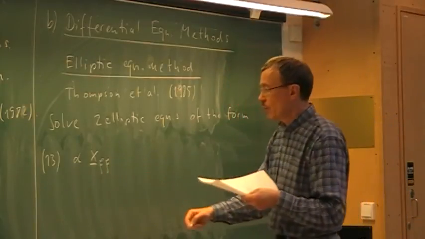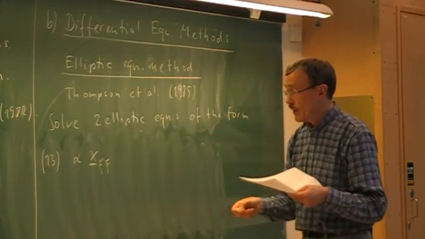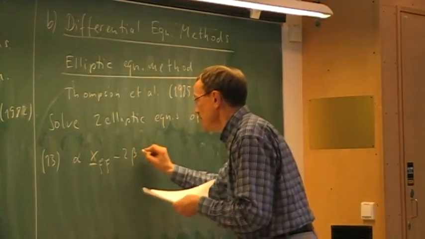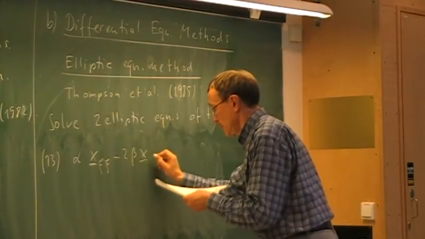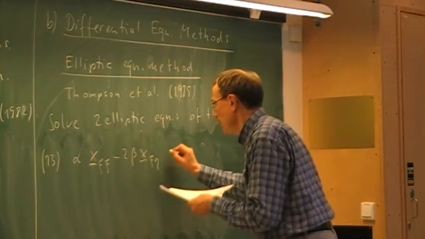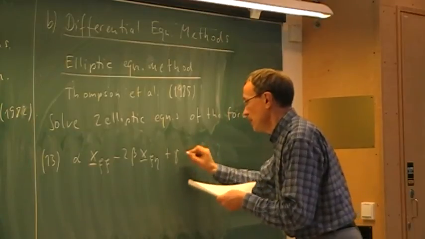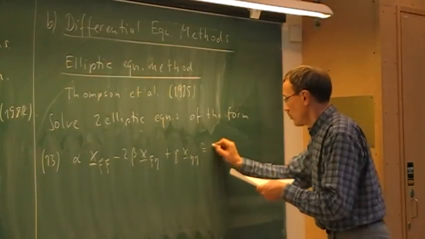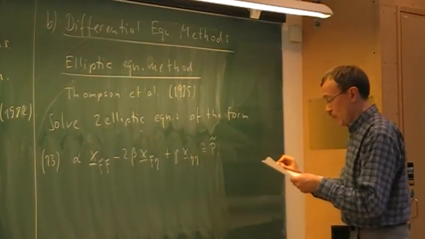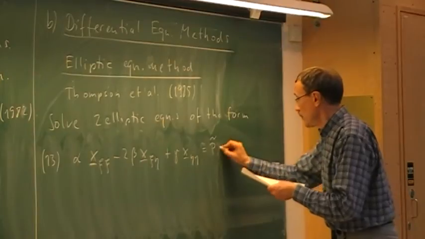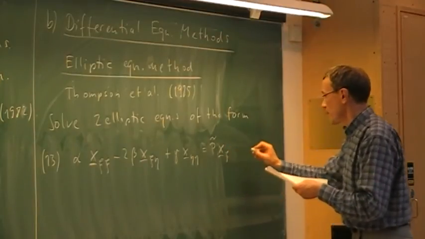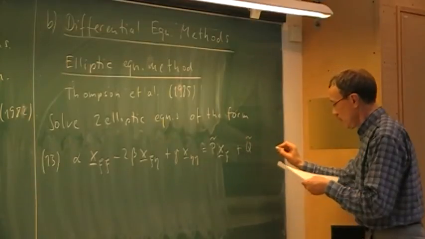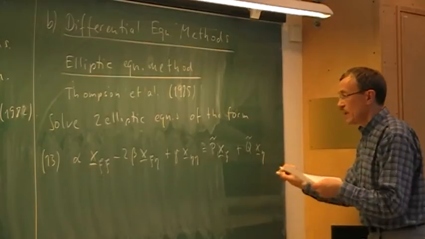So the indices now denote derivatives. Minus 2 beta x psi eta plus gamma x eta eta, and then we have some control terms, p tilde and a first derivative of x with respect to psi, and then another control term q where we have x with respect to eta.